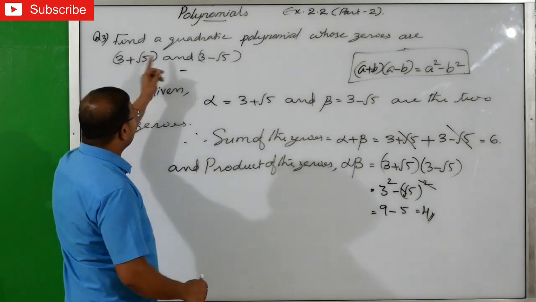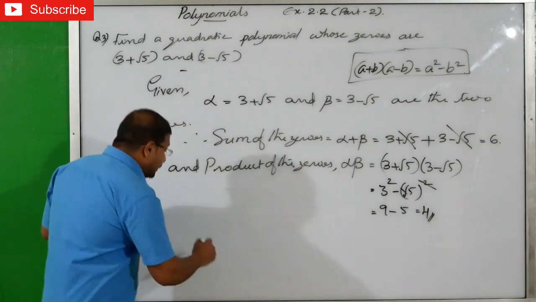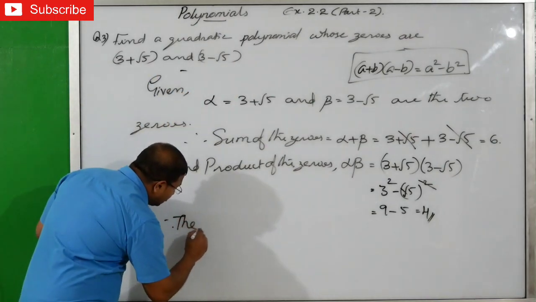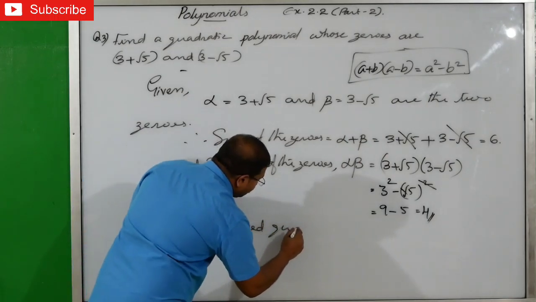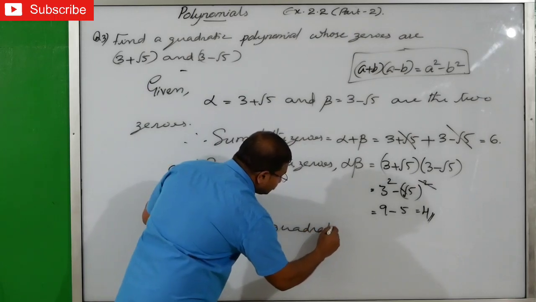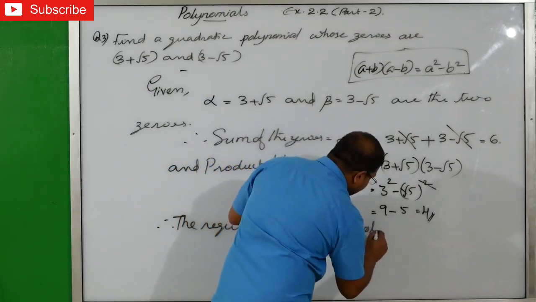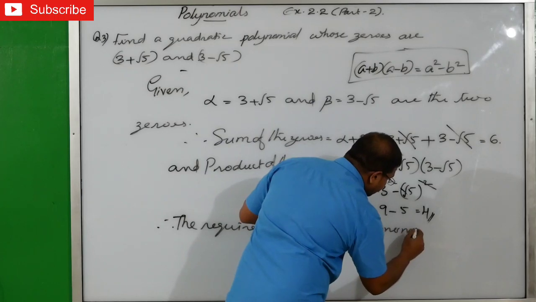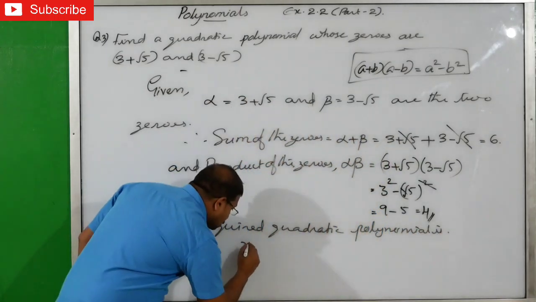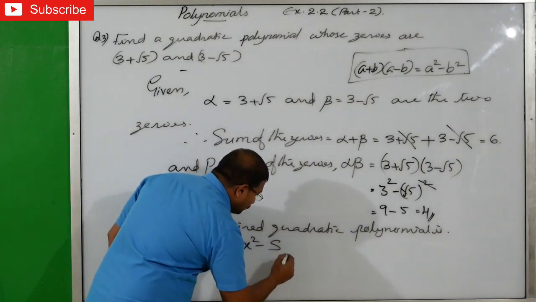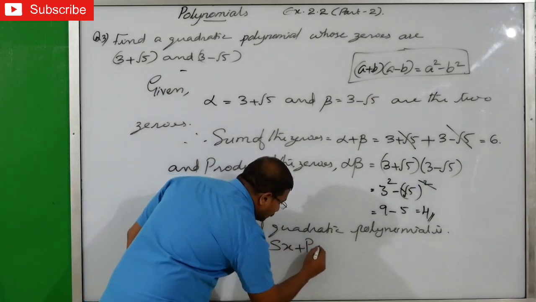Now what do you want? Find a quadratic polynomial, isn't it? Therefore, the required quadratic polynomial is x square minus (sum of the zeros) into x plus product of the zeros.